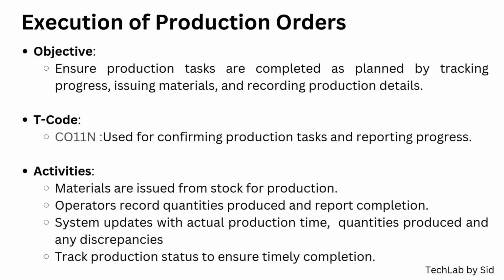This step involves issuing materials from stock for production and recording the quantities produced. The confirmation also updates the system with details like actual production time, quantities produced, and any discrepancies that may arise during the process. It is vital for tracking progress and ensuring that the order is completed as planned.